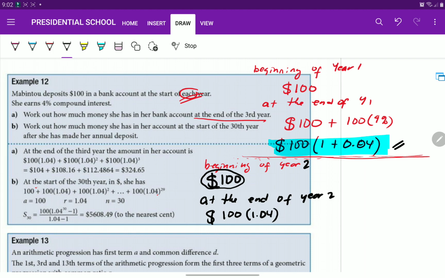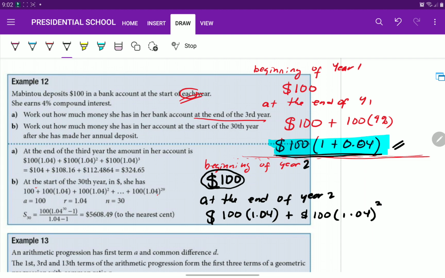However, this money that she deposited at the beginning of year 1 earns another interest of 4%. So that will be equal to 100 times 1.04 squared.